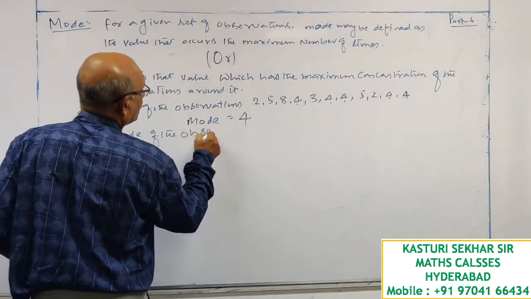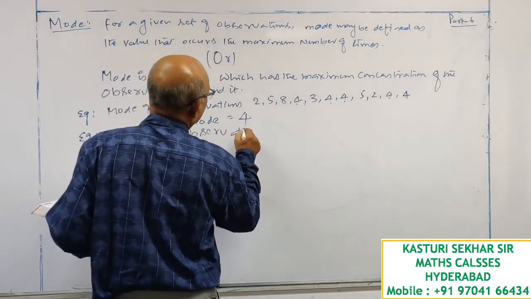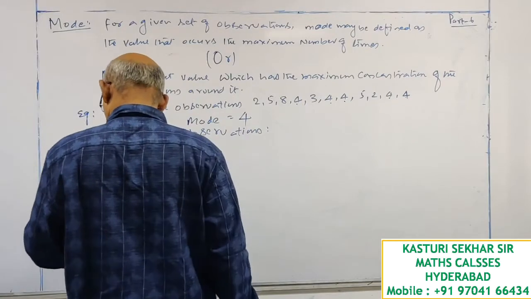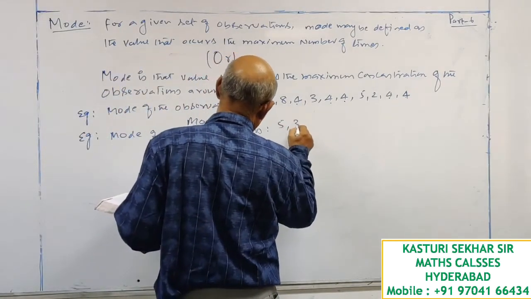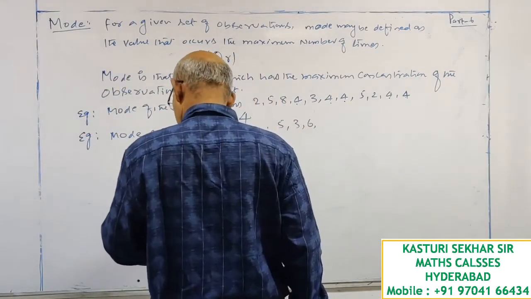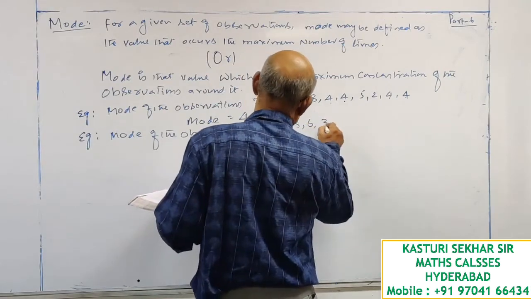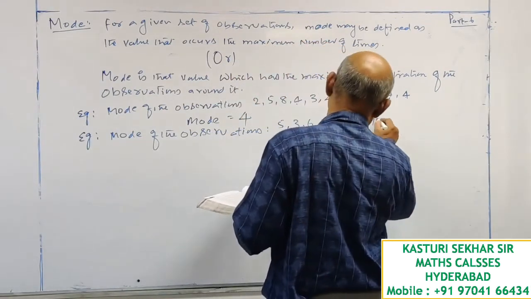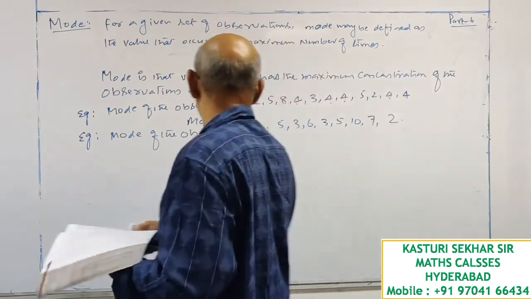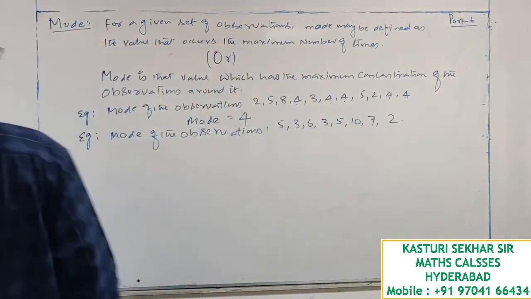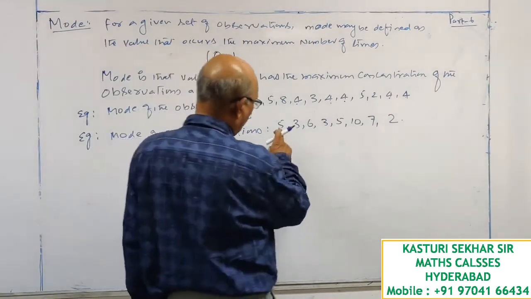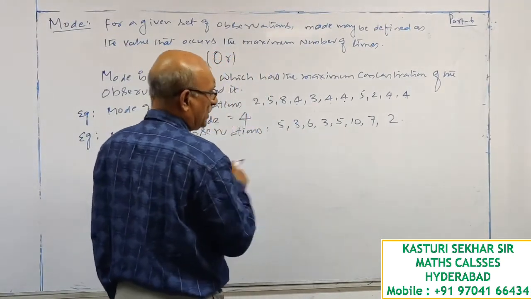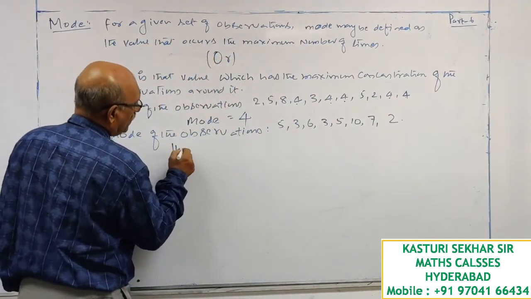Mode of the observations 5, 3, 6, 3, 5, 10, 7, 2. Look at this, 5 appeared 2 times, 3 appeared 2 times.